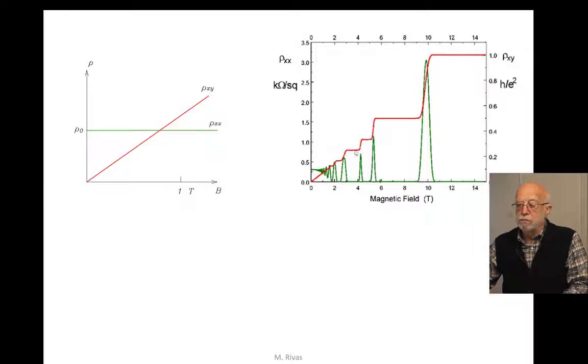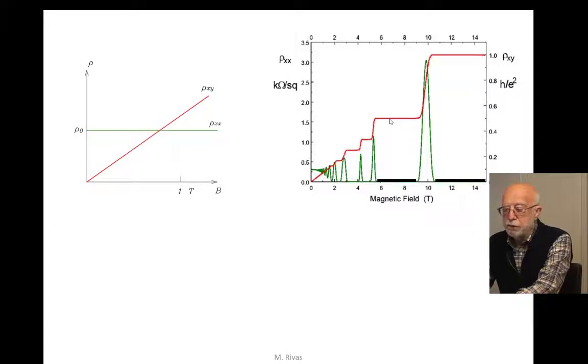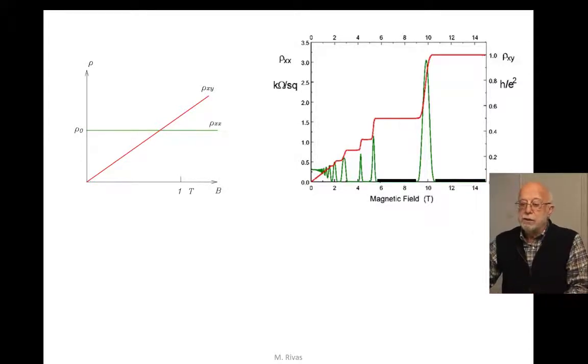It produces this kind of plateaus where, although the magnetic field is increasing, the resistivity is constant. Here the important feature is this. When the transversal resistivity is constant, the ohmic resistivity decreases to zero, vanishes.